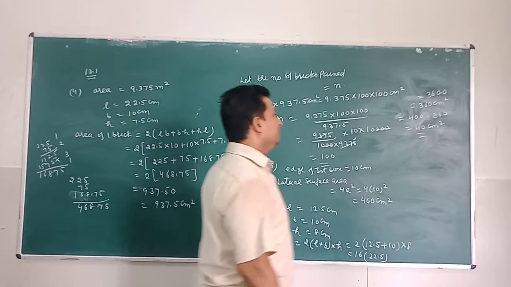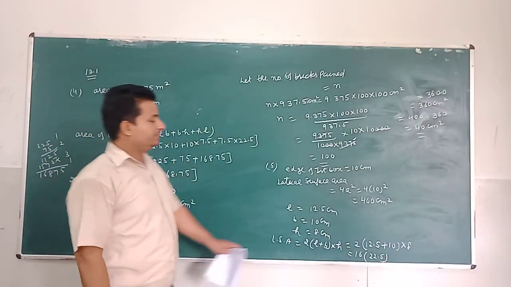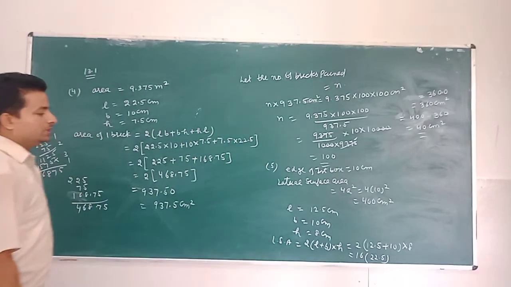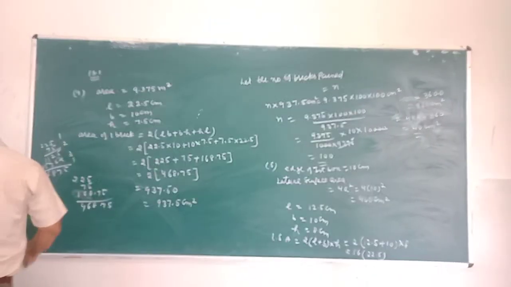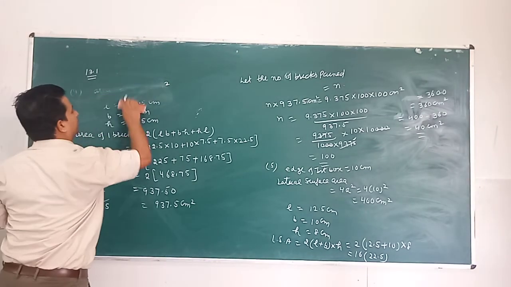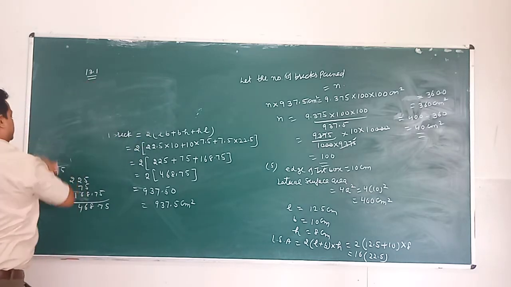So the first box has the greater lateral surface area, by 40 centimeter square.